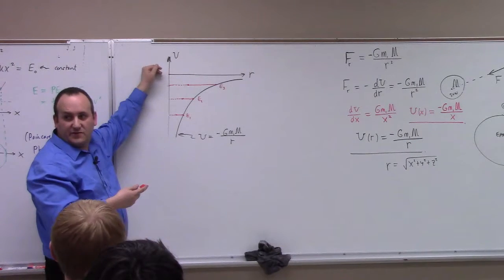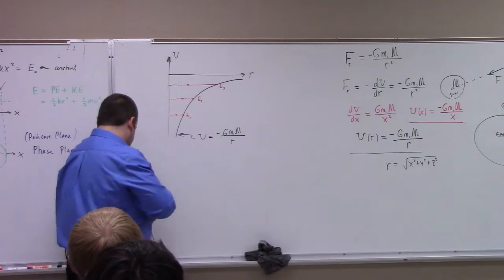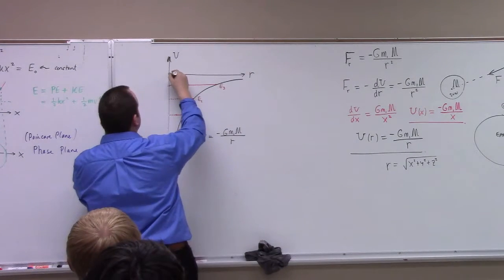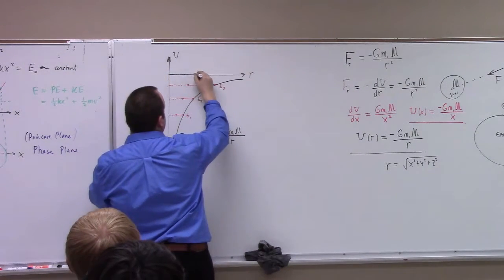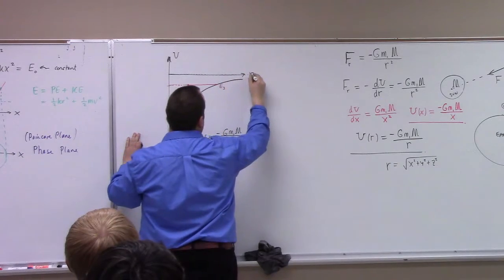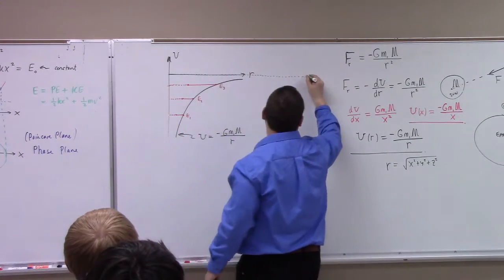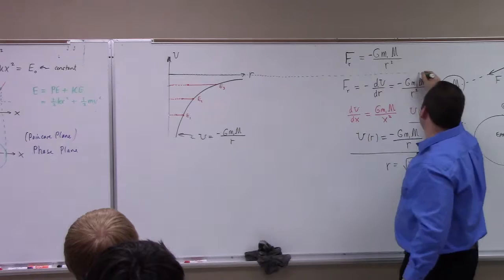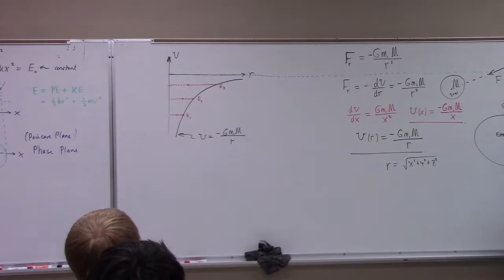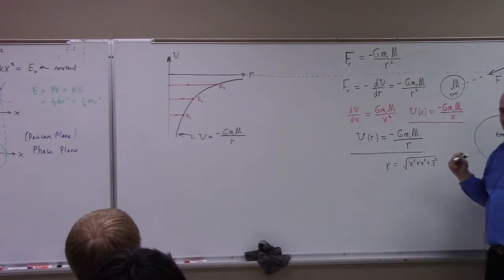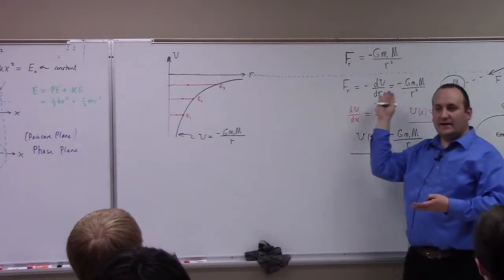What happens if the energy is 0? I think I made my point. Okay, E equals 0. It just is not a black hole. But the motion goes on and on and on.